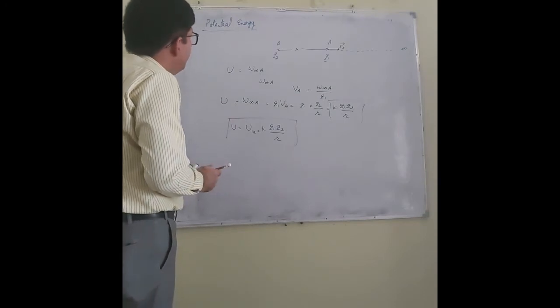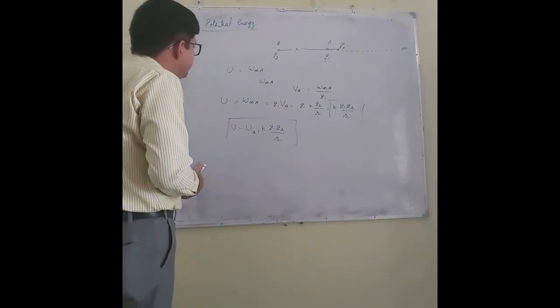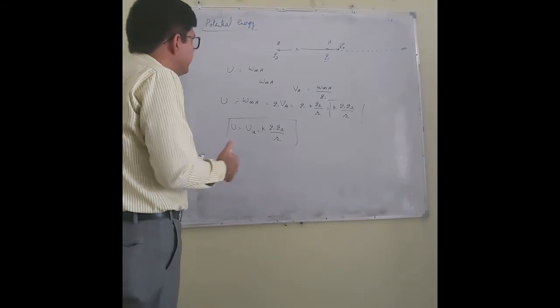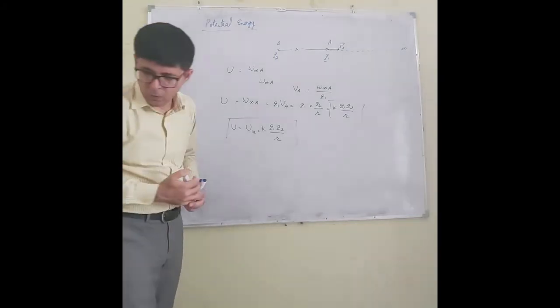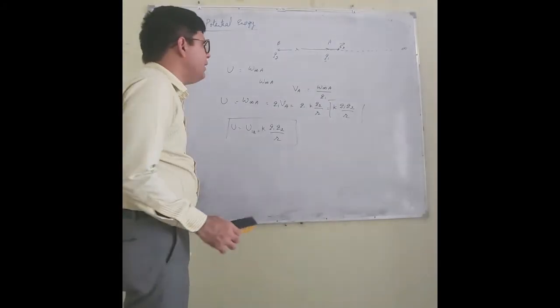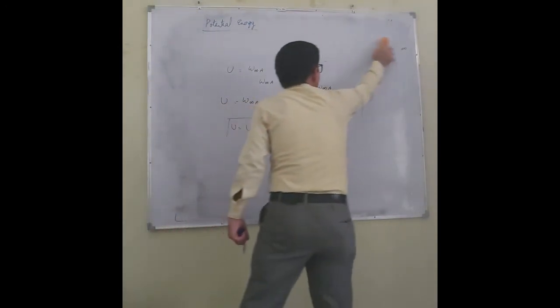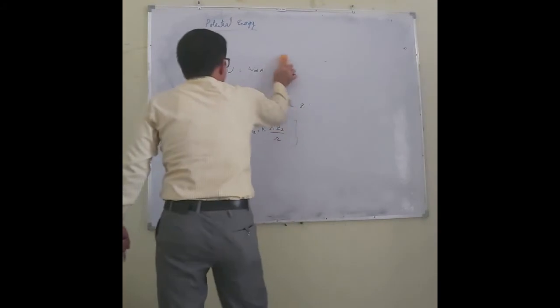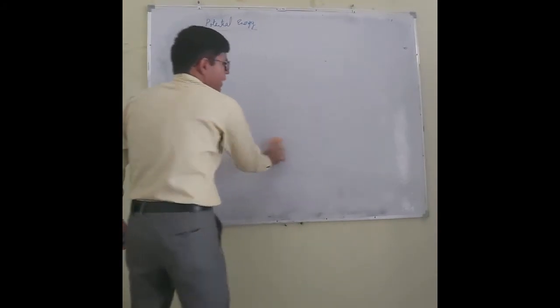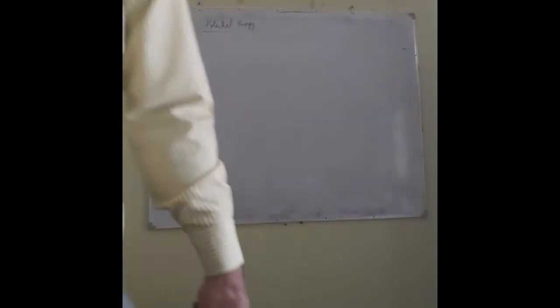This is called the electric potential energy due to the two charges. Now, if I am having more than two charges, what will be the potential energy? So let's do potential energy due to a group of charges.